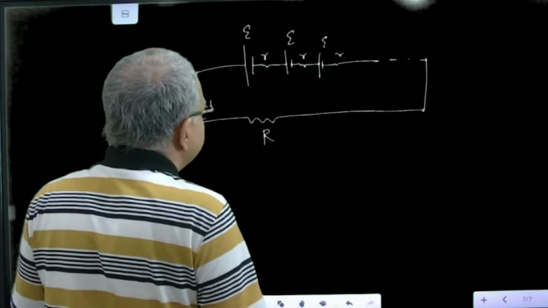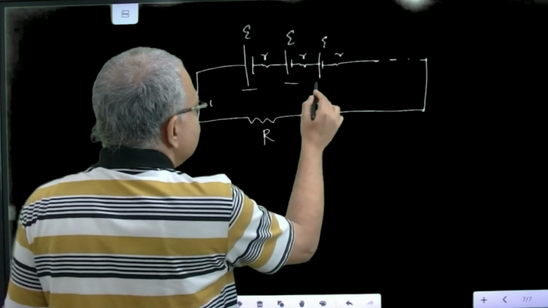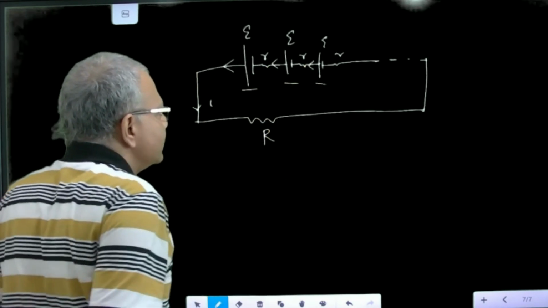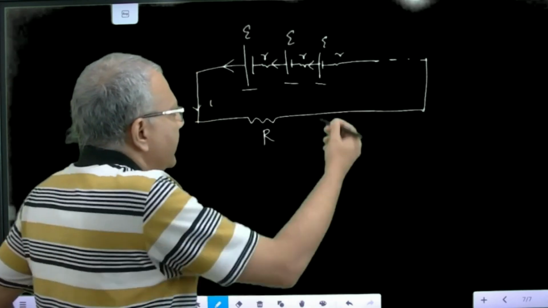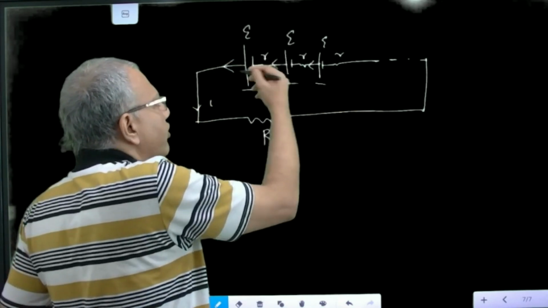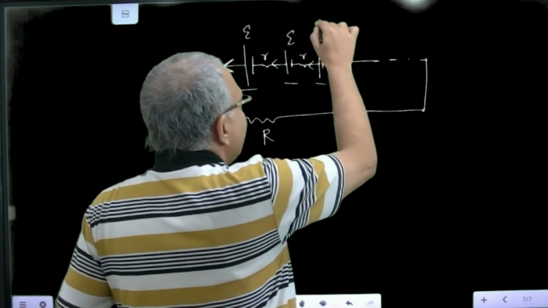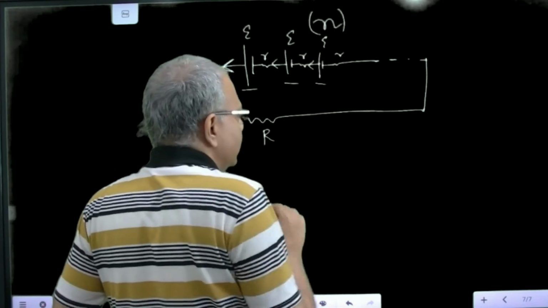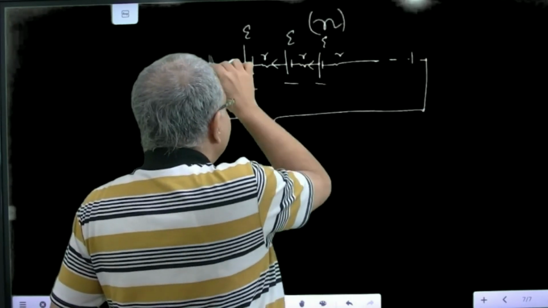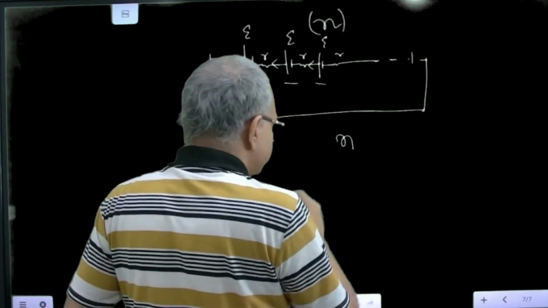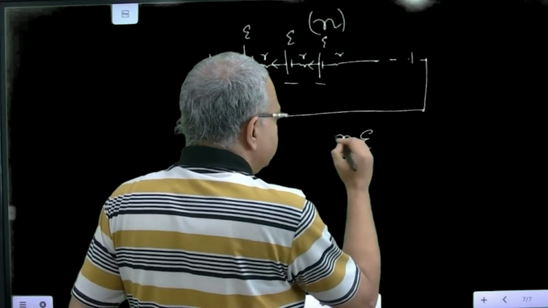Each and every EMF has a tendency to flow the current in this direction. So if n number of EMFs are there, I can have a total EMF of nE.